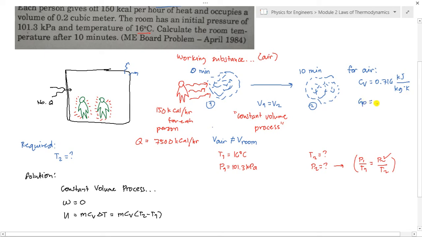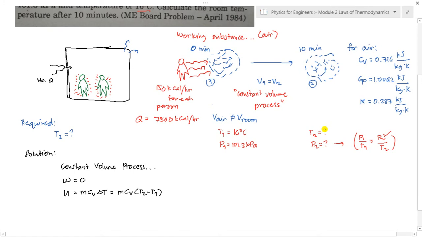And Cp is 1.0062 kilojoules per kilogram degree Kelvin. And its gas constant is 0.287 kilojoules per kilogram degree Kelvin. So notes to remember ni siya.